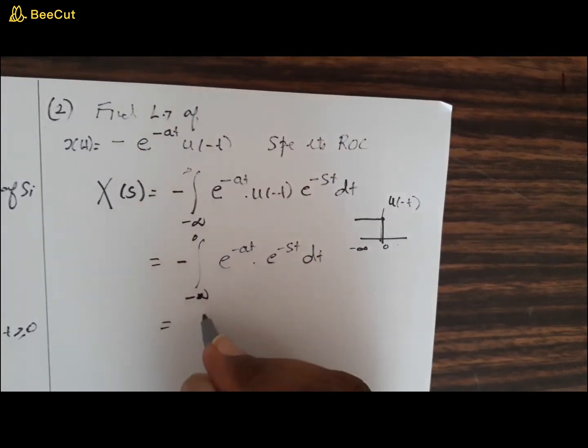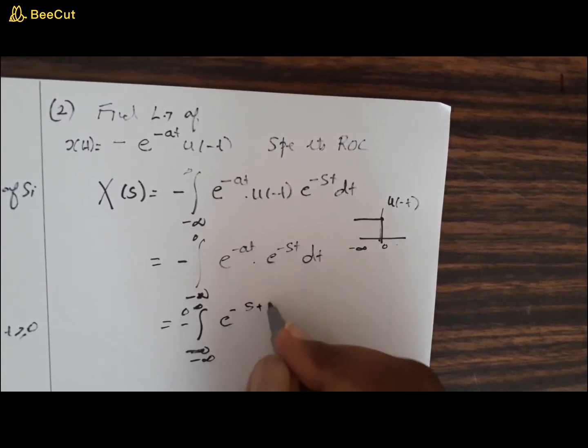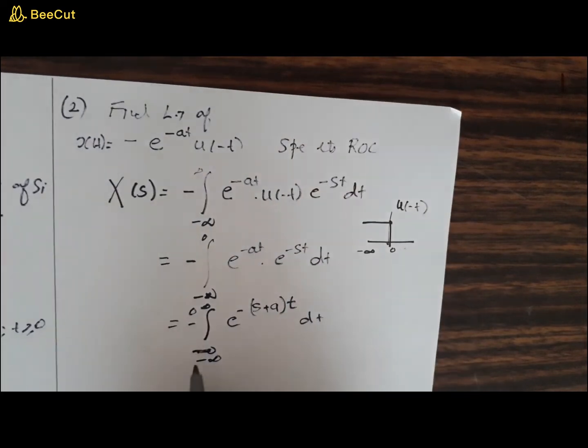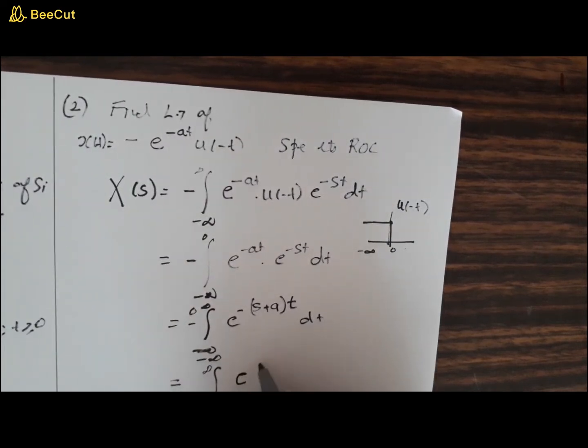Now when you combine this, this is from minus infinity to 0. Okay, so when you combine this, this is e raised to minus of s plus a into t dt. Now this is from minus infinity to 0, and there is a minus of this. So from the basic course of calculus, you can interchange this limit, that is 0 to infinity, but this negative sign goes, so that this becomes e raised to s plus a into t dt.